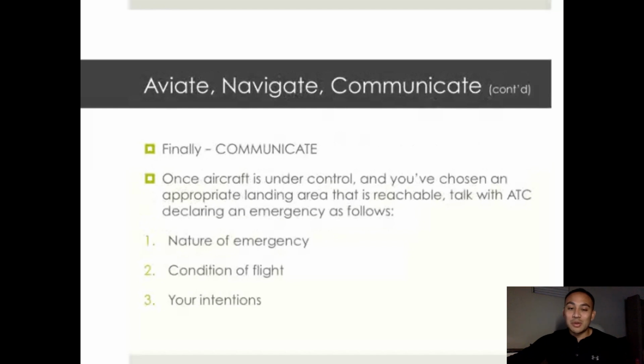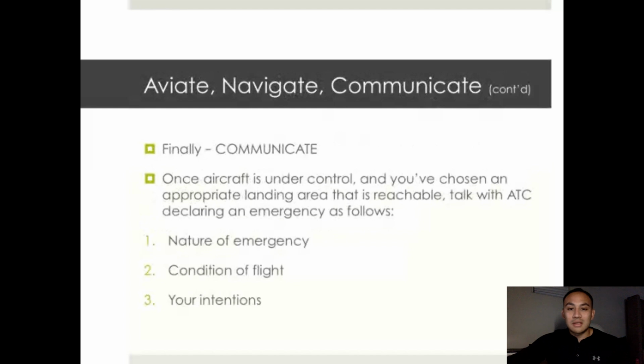However, it is very important to first aviate, navigate, then communicate. Once the aircraft is under control, you've chosen an appropriate landing area that is reachable, talk with ATC, and declare your emergency as follows: the nature of your emergency, the condition of your flight, and your given intentions.